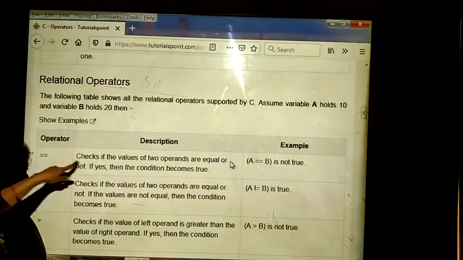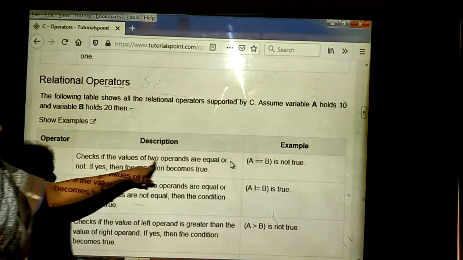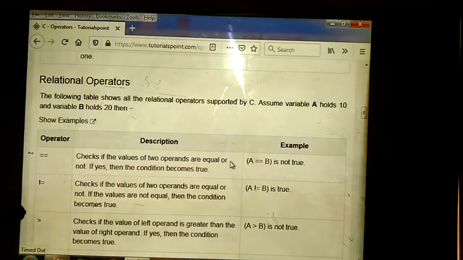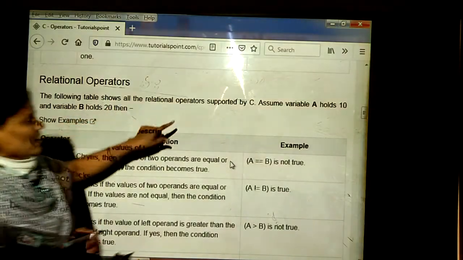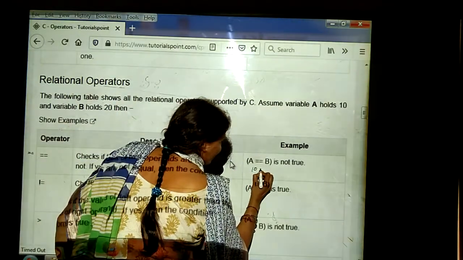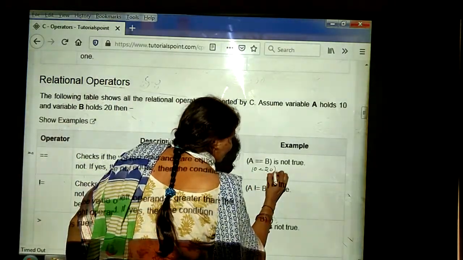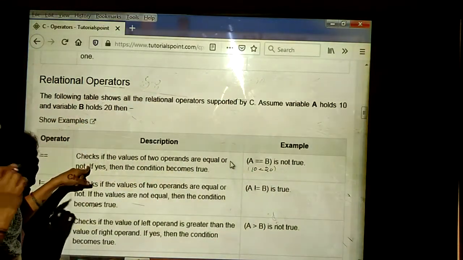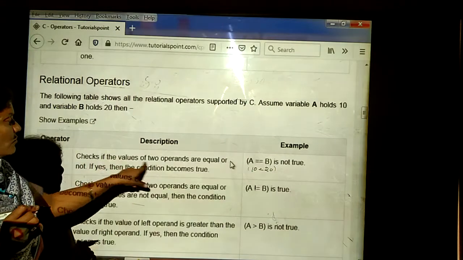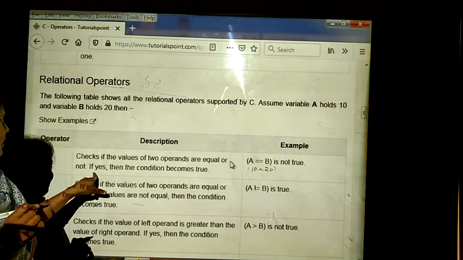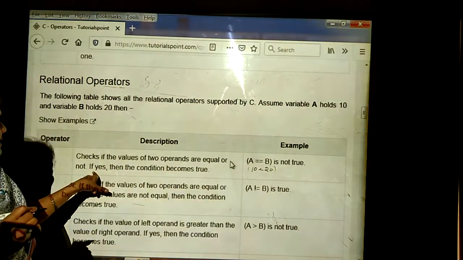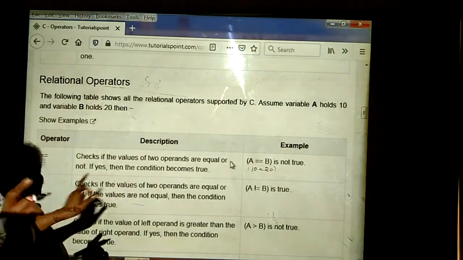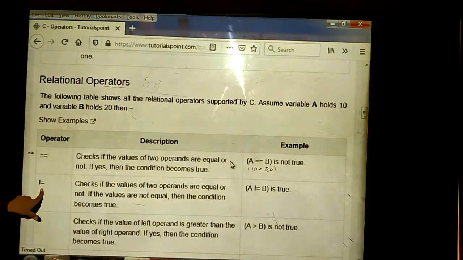By using this operator, we check if the values of two operands are equal or not. Suppose A is 10 and B is 20: is 10 equal to 20? Not true. Here we are comparing the data. If the values of the two operands are equal, then the condition becomes true. Otherwise, it is false.